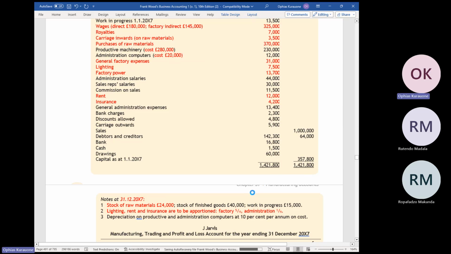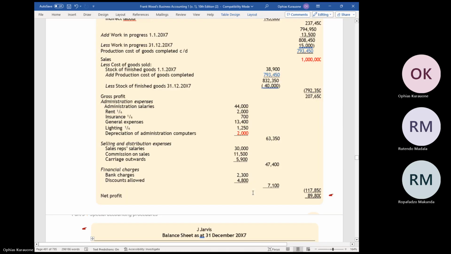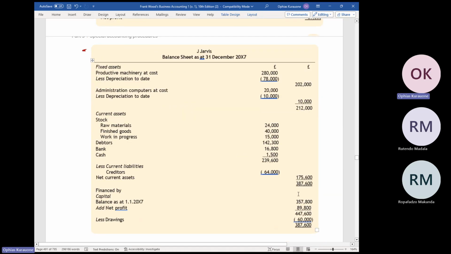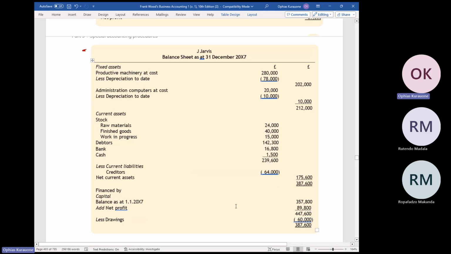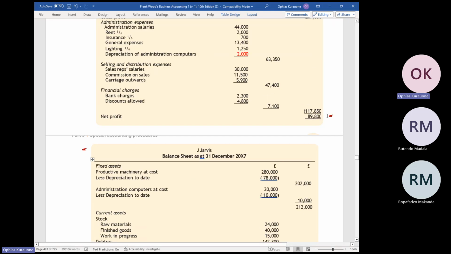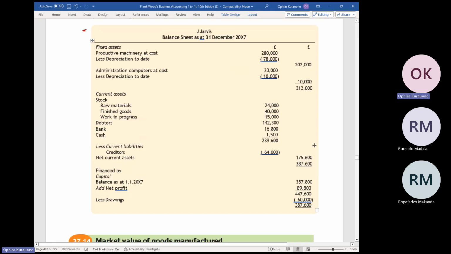Drawings reduce our capital. So our capital is going to be reduced by drawings, but it is also going to be increased by profit. The profit which you are going to get here, 89,800, is the one you add on the balance sheet here. But our profit is going to be reduced by the drawings.